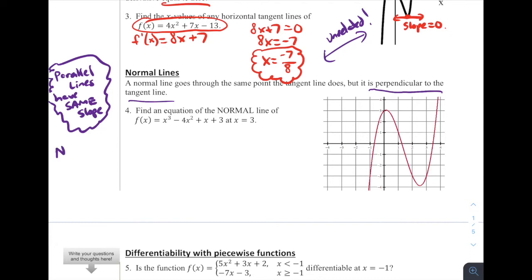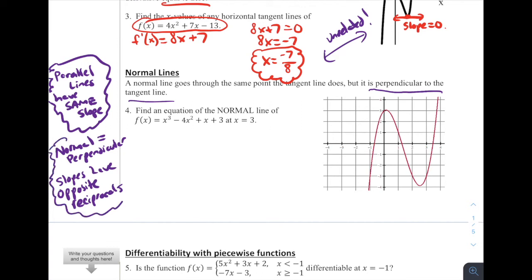So normal is the same thing as perpendicular, which you probably talked about in Algebra 1. The slopes of perpendicular lines are opposite reciprocals.